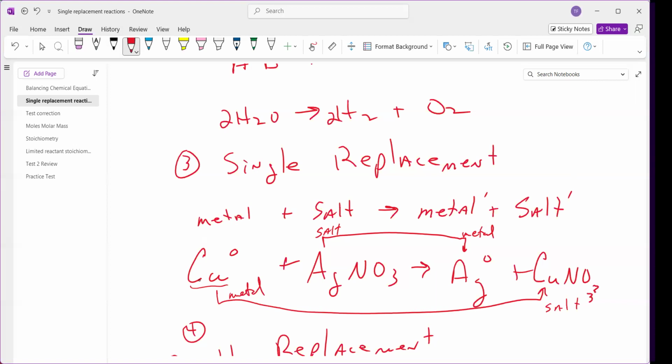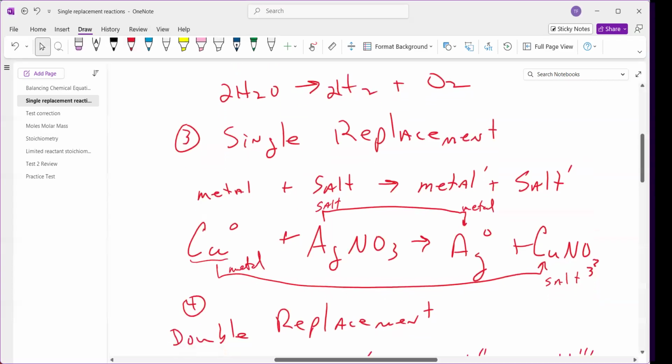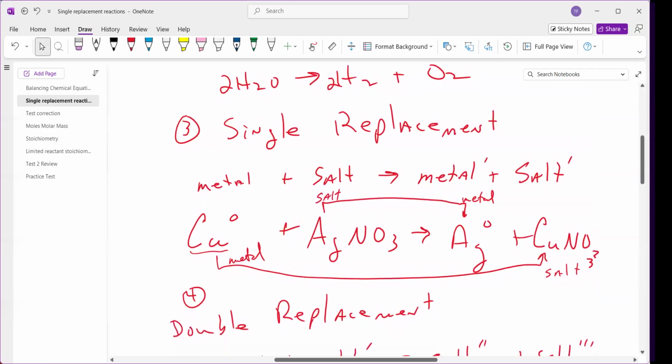Now, the anion just kind of tags along. I'm going to give it a special name. But the action is with the metals. So single replacement reactions are electron transfers of the metals involved. One loses, one gains. Okay? And we're going to go into depth on this reaction today.